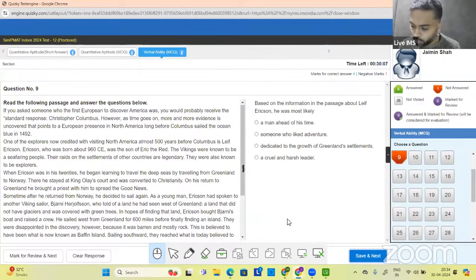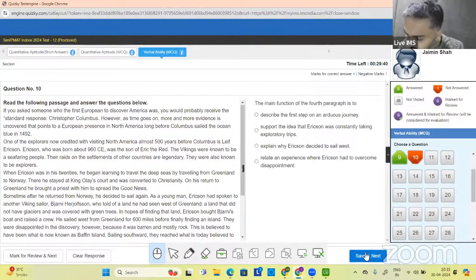Based on the information in the passage about Leif Ericsson, he is most likely someone who goes on a trek, or maybe a man ahead of his time, definitely not. Someone who liked adventure, okay, trekking, adventure. Dedicated to the growth of the Greenland settlement, no. Cruel and harsh, definitely not. So it's B.